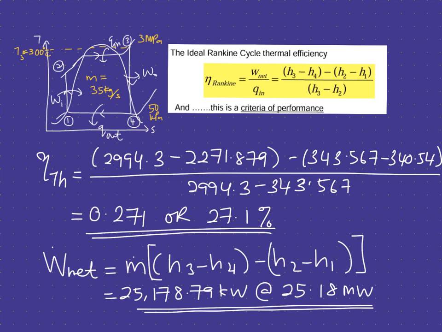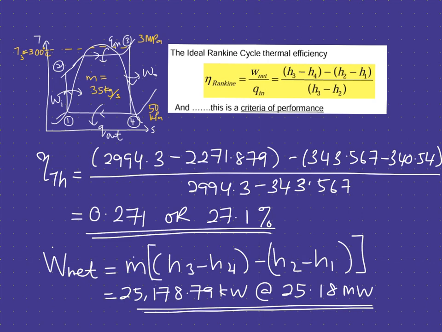And finally we are going to find the power, which is question number 2. So it is m dot times the difference of your turbine work and your pump work, right? And this is the answer in kilowatt, or you can convert it into megawatt.